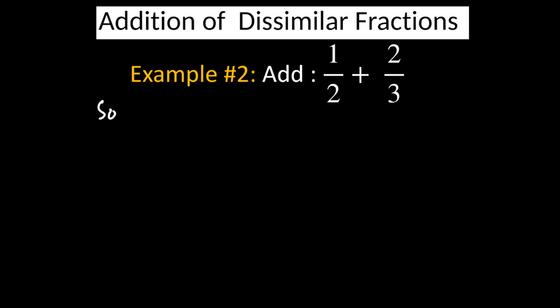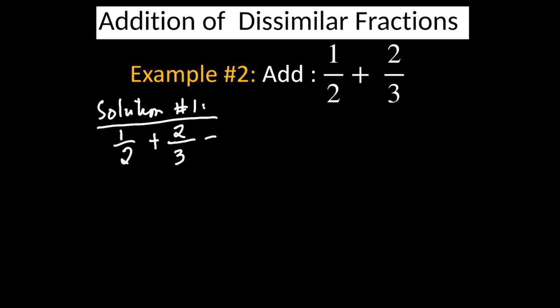So solution number one. We have 1/2 plus 2/3. By the listing method, we have 2 and 3.